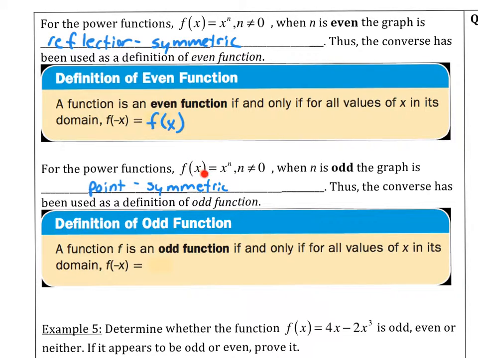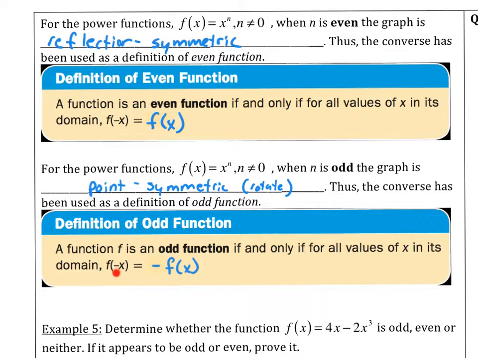For the power functions, f of x equals x to the n power, when n is not 0 and n is odd, the graph is point-symmetric. In other words, it has rotational symmetry. Thus, the converse has been used as a definition of an odd function. A function f is an odd function if and only if for all values of x in its domain, f of negative x is equal to, but watch the magic here.